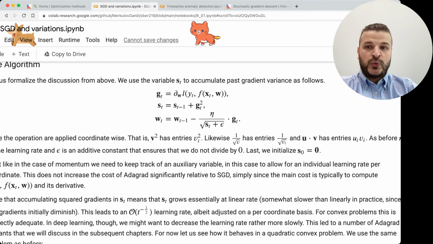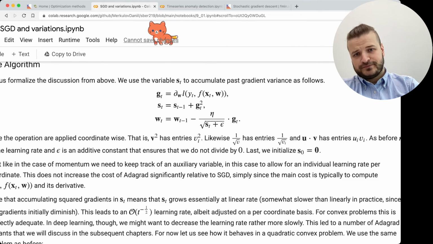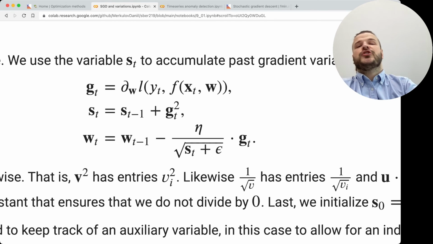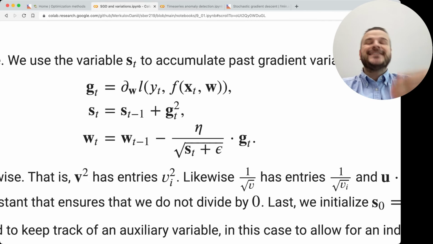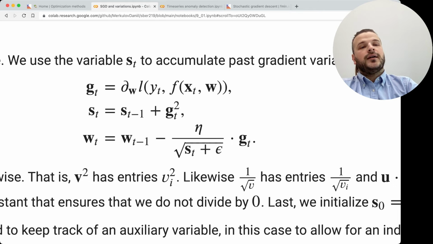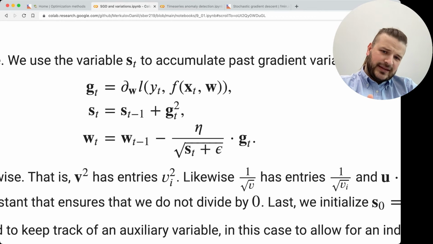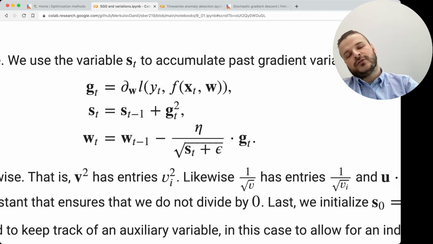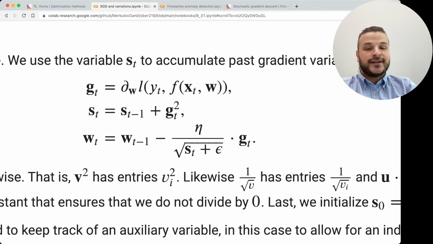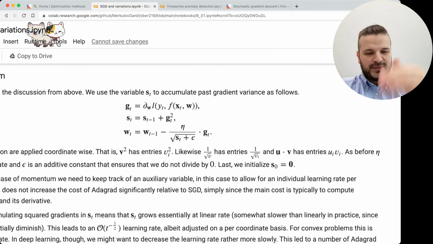But the obvious problem with such an algorithm is that in such a formulation we can only decrease the learning rate, because this S is always increasing during our optimization process. And it means that the denominator of our fraction here is always increasing, and the total fraction value will decrease through the optimization procedure.